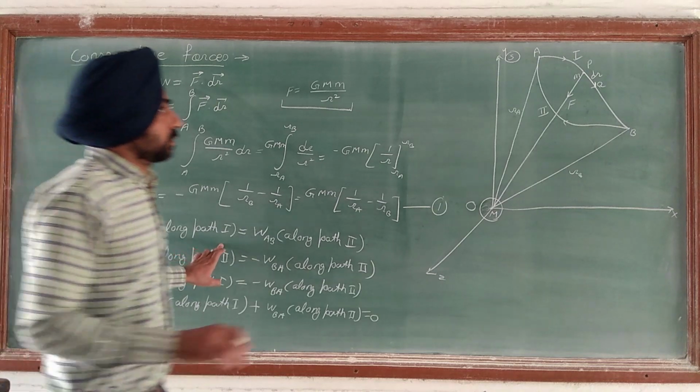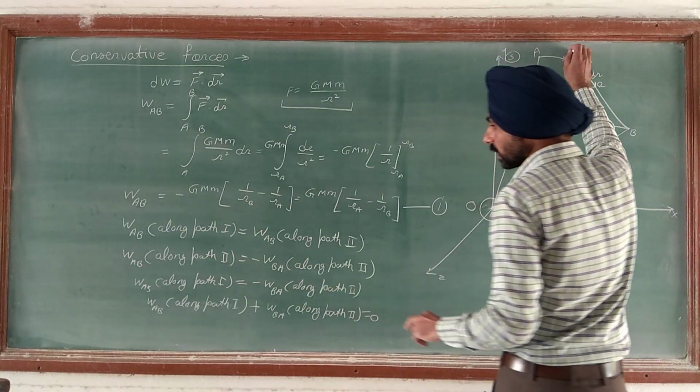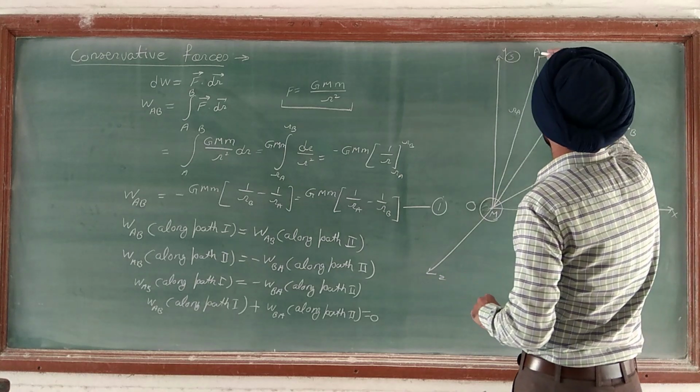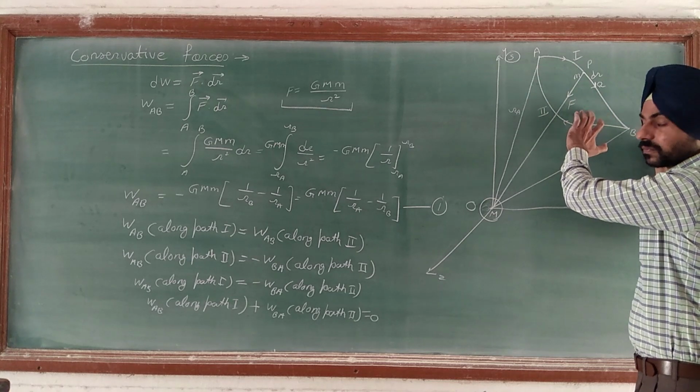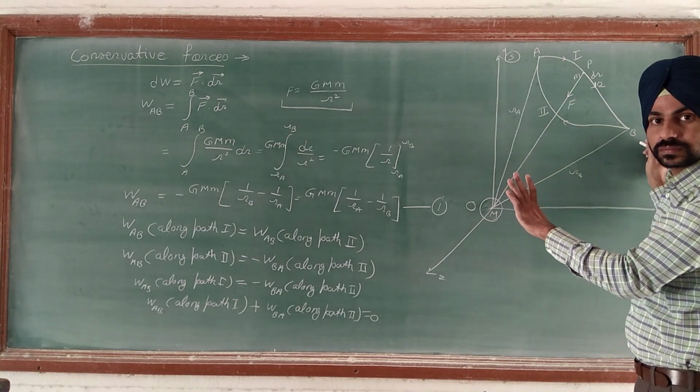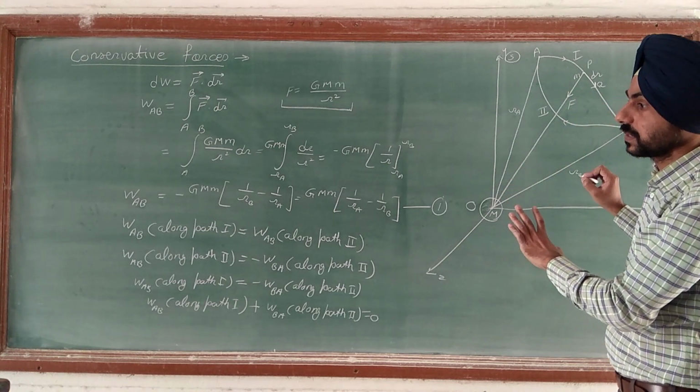W_AB along path 1 is equal to W_AB along path 2, because work done is independent of the path followed according to the conservative force nature.